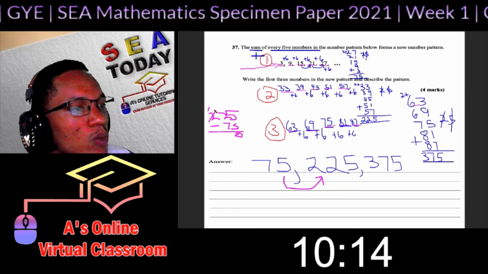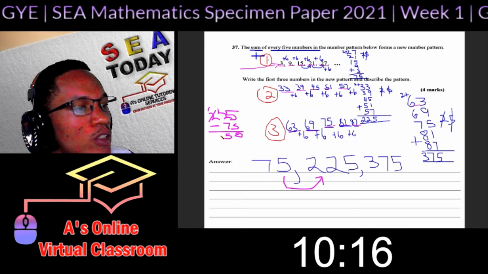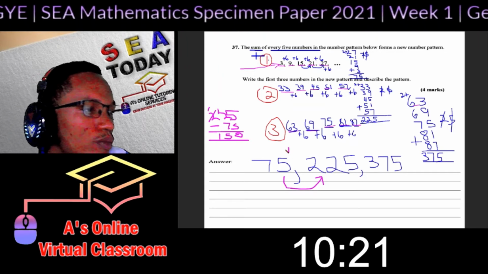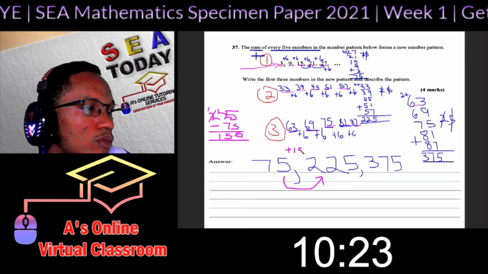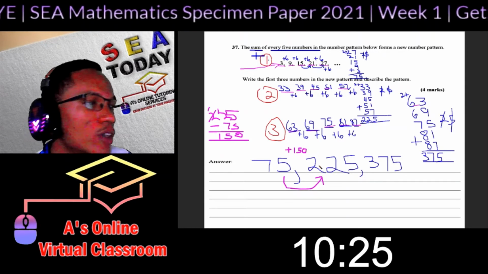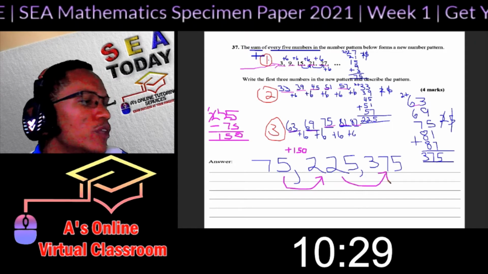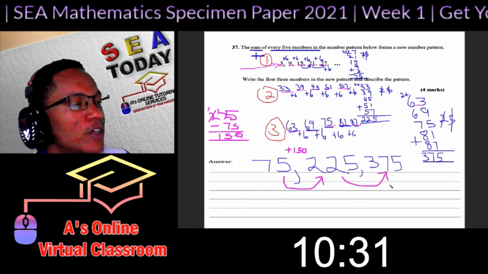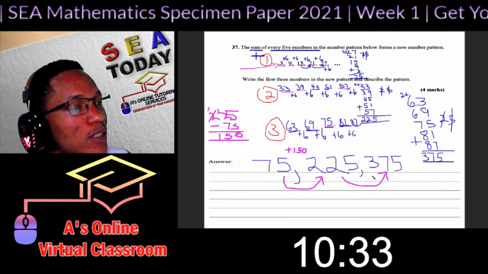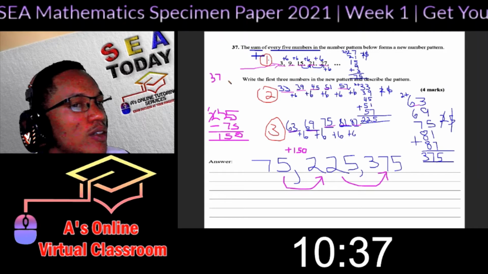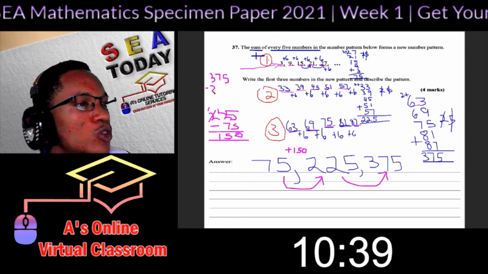So you literally added 150 here. And how much to go from 225 to 375? Let's subtract that and see. So we have 375 take away 225.